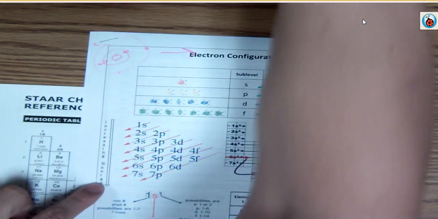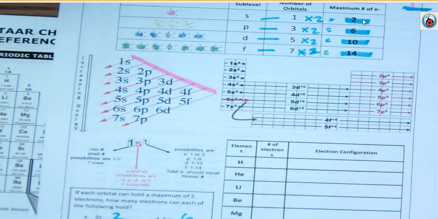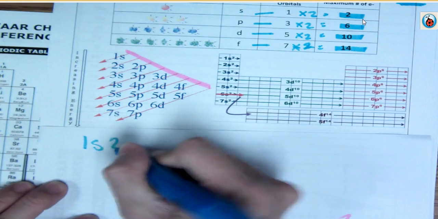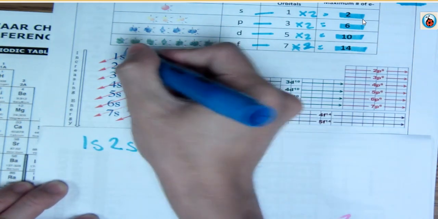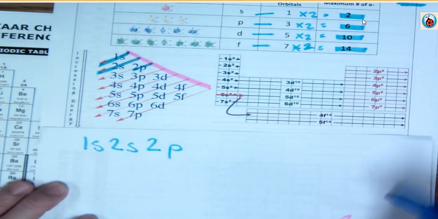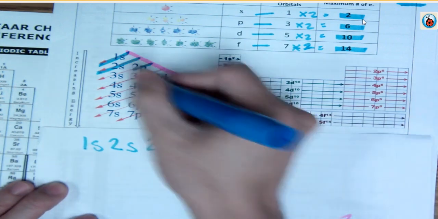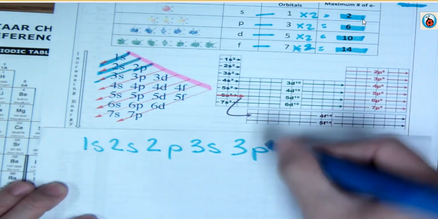Okay, and I'm going to go through that one more time, just for those of you who don't understand it or don't get it. What's the order? So you would write the order like this. Follow that line. 1s, 2s, 2p. See, 1s, 2s, 2p. What's after 2p? 3s. What's after 3s? 3p. What's after 3p? 4s.